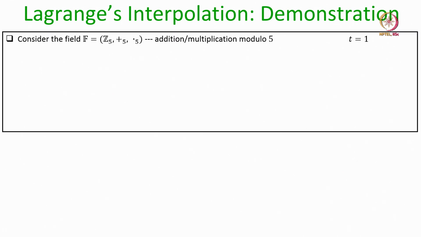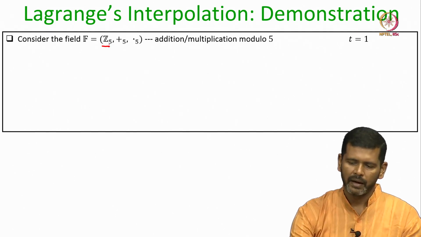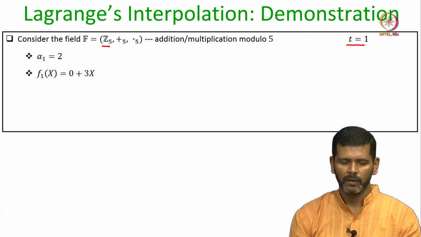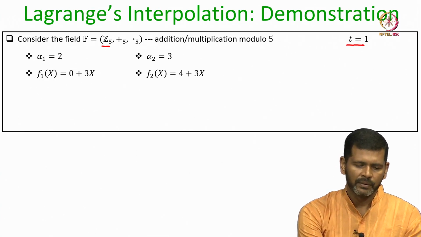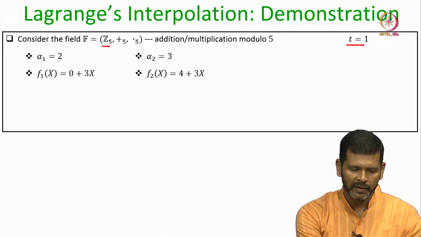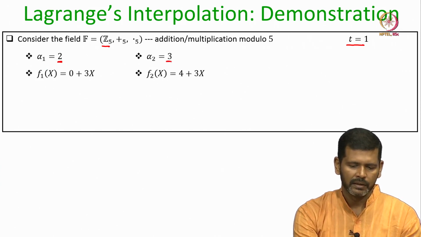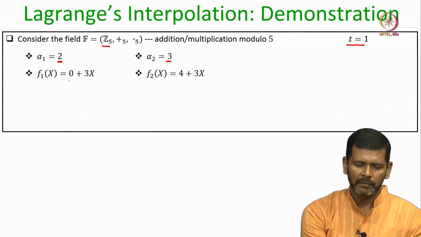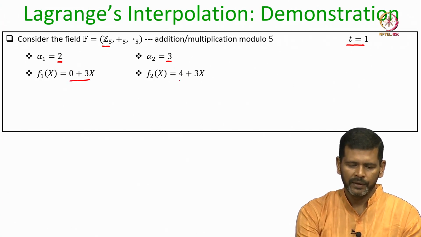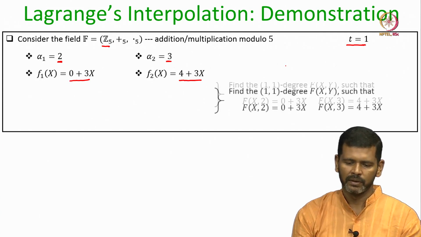So, now let us see a demonstration for the Lagrange interpolation. For the purpose of demonstration I choose this field and say t is equal to 1. Now, suppose I take two evaluation points alpha 1 and alpha 2, those evaluation points are distinct elements. So, I can take them to be any pair of distinct elements from the field. Suppose I take them to be 2 and 3, and suppose I am given two arbitrary univariate polynomials of degree 1 because t is equal to 1 in x variable.